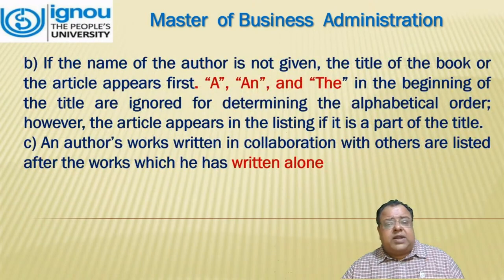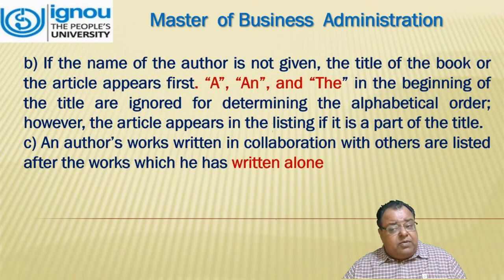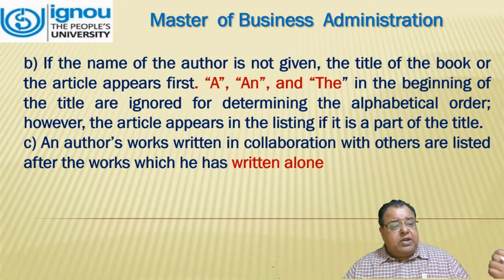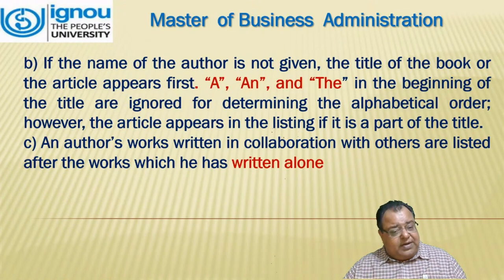If the name of the author is not given, the title of the book or the article appears. A, AN, and THE in the beginning of the article title are ignored for determining the alphabetical order. However, the article appears in the listing if it is a part of the title.